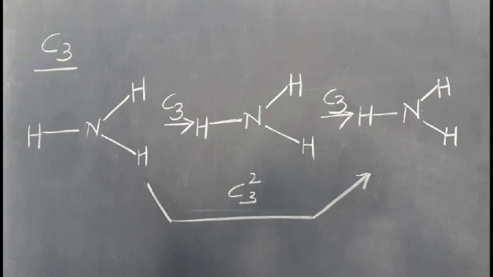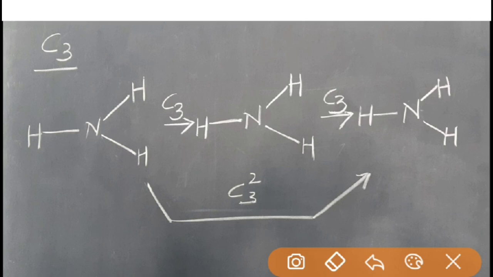And if you rotate about this axis which is crossing through the nitrogen atom by 120 degree, you will find that you are getting the same image as that of the original one. So it has a C3 axis. Let us try to find it out. See in the figure here. Say for instance, this is H1, this is H2, this is H3.